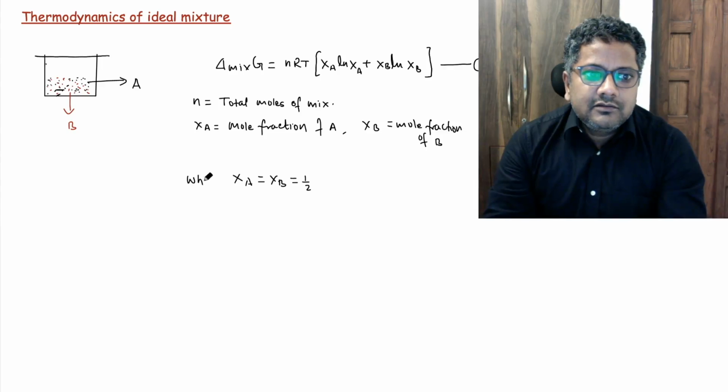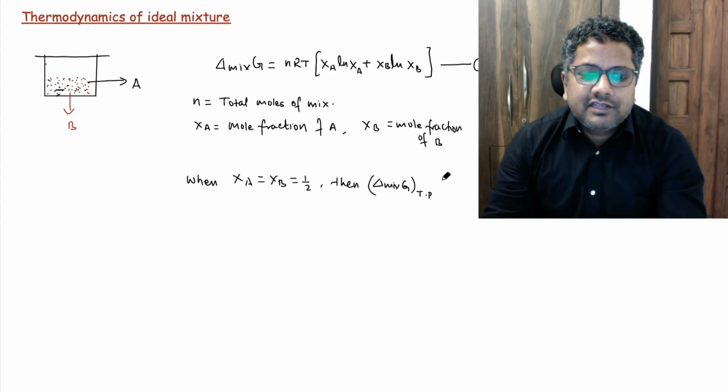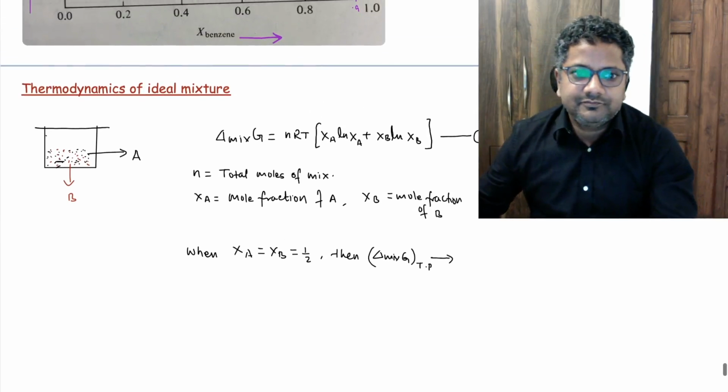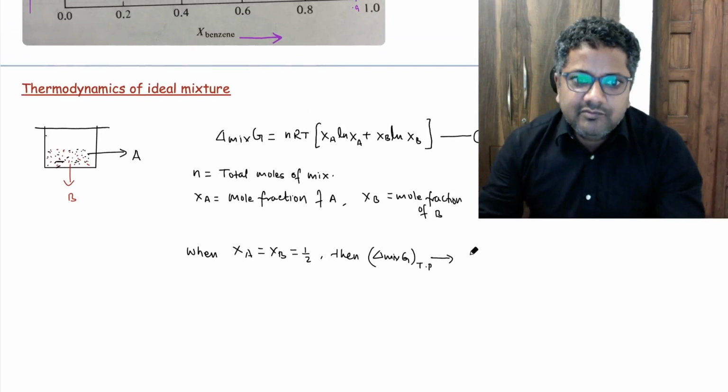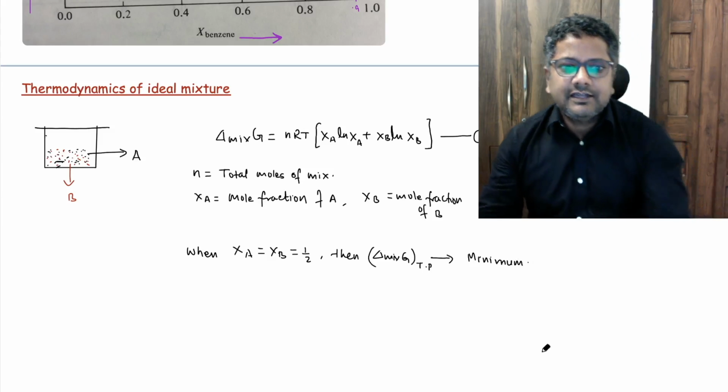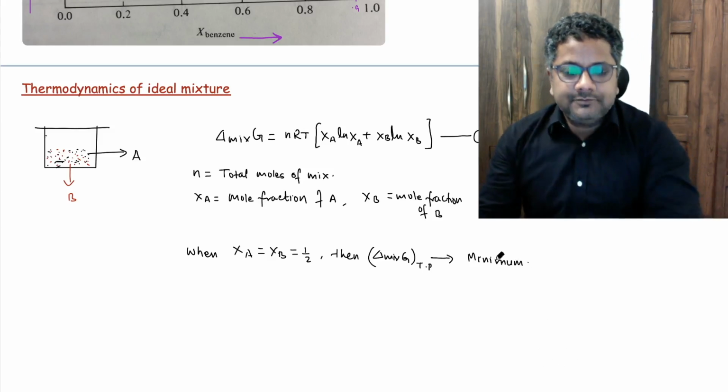then delta G mixing at given temperature and pressure has the minimum value, right?